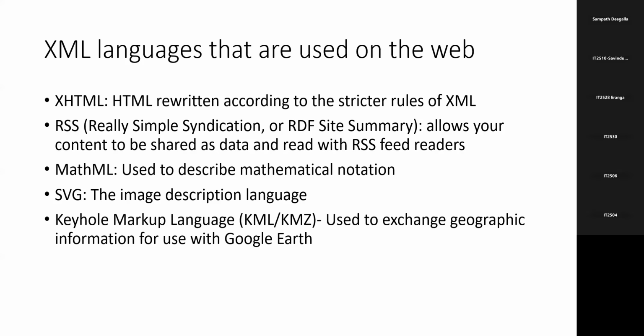And there are many others, right? KML is used to exchange geographical information in apps like Google Earth. There are many others, for example, SOAP, RSS, and so on.